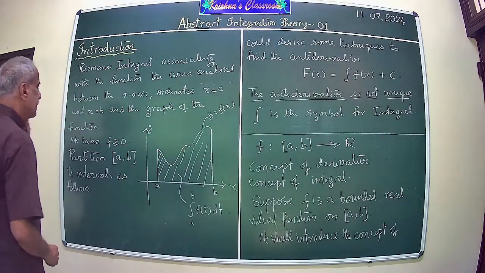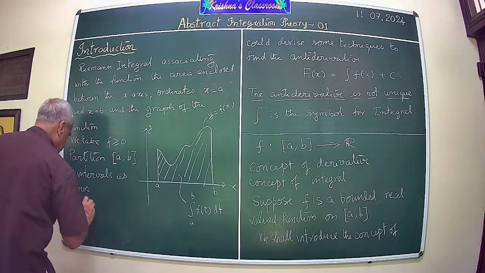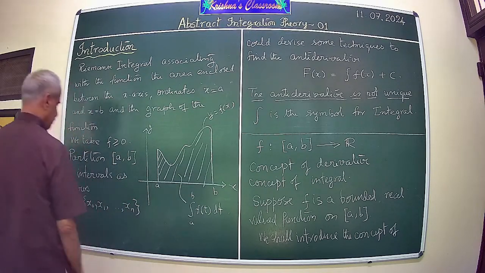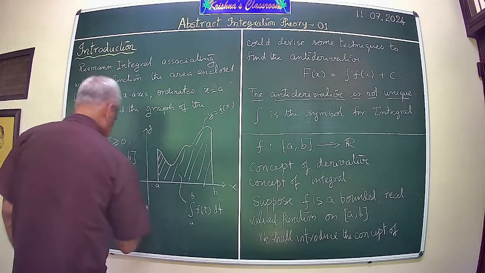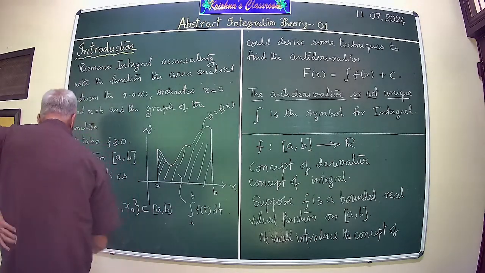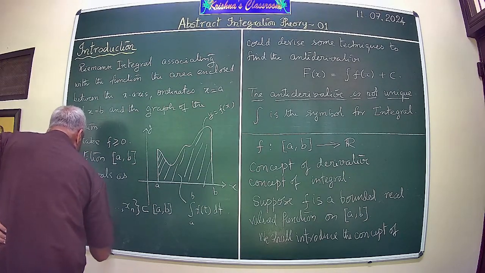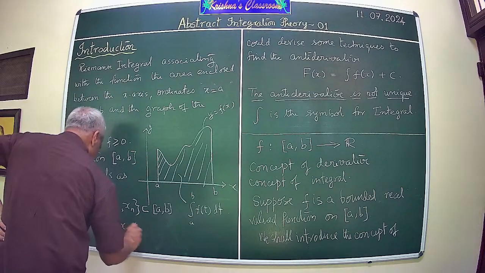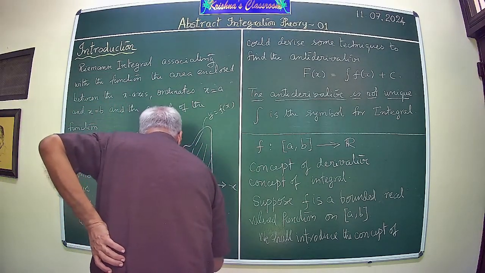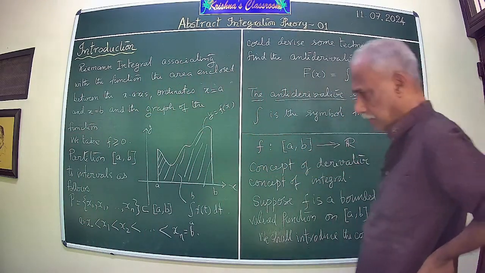So we take a partition to be a set of points contained in [a, b] with a equal to x0 less than x1 less than x2 and so on. So that is the general partition.